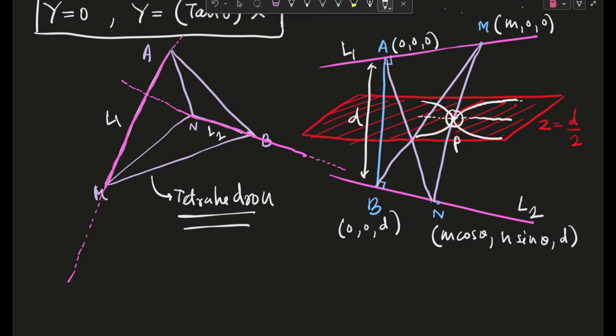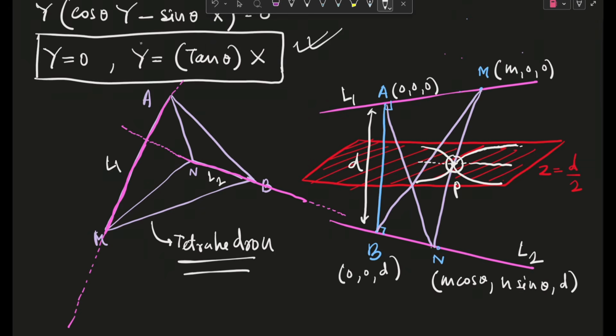If we go back a little bit, here are the two asymptotes we found. This one is perfectly parallel to L1, because L1 was itself the x-axis, rather not parallel, I should say it's absolutely over L1. And in y equals tan theta times x, we took L2 passing through B and making an angle theta with the horizontal x-axis. So the slopes are perfectly the same, which means it is parallel to L2 also.